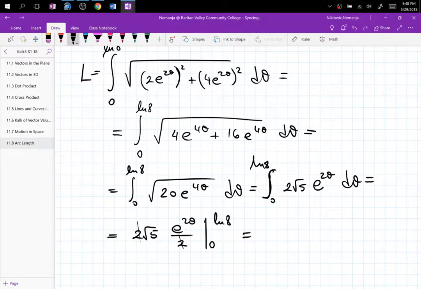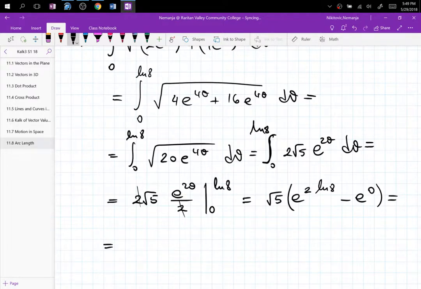Now 2 and 2 will drop, and you have root 5 in parenthesis e to the 2 times ln 8 minus e to the 0. So now 2 jumps in as an exponent, so it becomes ln of 64.